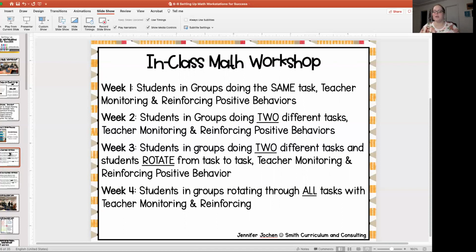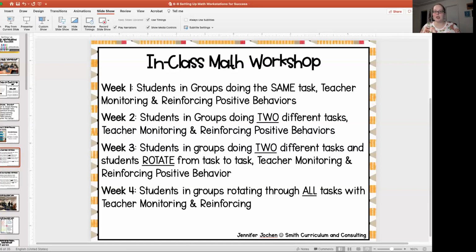Go. The first week you implement math workshop and you want to do math workshop in your classroom, you put your students in their small groups, and all of the small groups in your classroom are doing the same task. So there's only one task out in your classroom, but they're all doing the same.